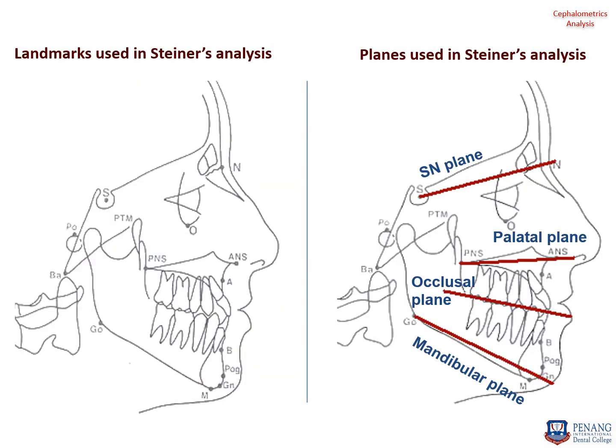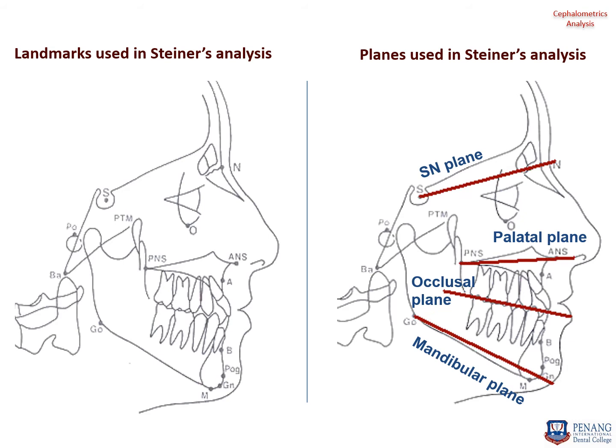We shall now see what are the different landmarks and the different planes used in Steiner's analysis. So the image on the left, since we've already gone through the landmarks in the previous lecture, you should be able to identify and locate the landmarks by yourself. Starting with nasion all the way up to basion.